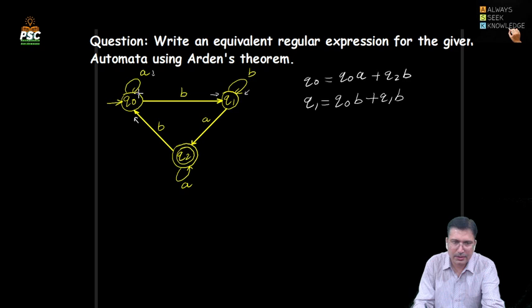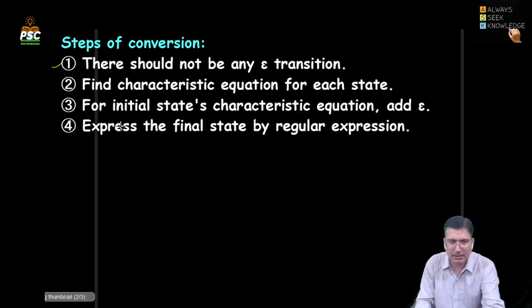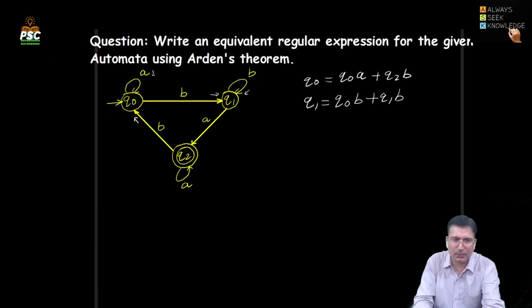There is no other input arrow to Q0, but Q0 is the initial state. So for the initial state characteristic equation, we add epsilon, because it depicts that without taking any input, you can reach that state, which is Q0, your initial state.